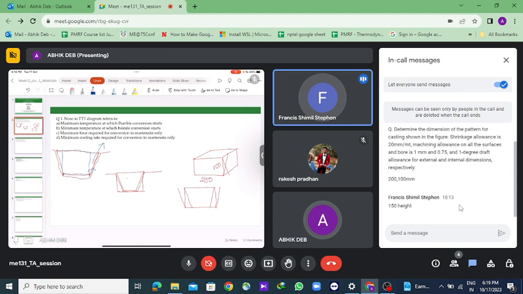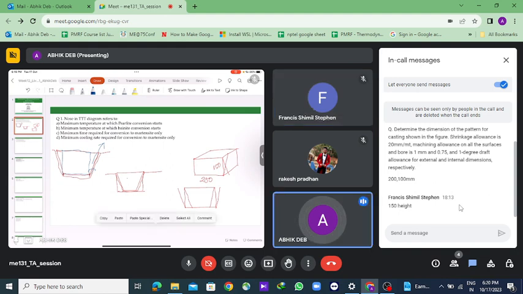The main aim of the draft allowance is always to provide easy removal of the pattern from the casting after making the cavity, and when there is a core, easy removal of the core. So if there has to be easy removal of the core, then the dimension should be extended beyond what it otherwise would have been.